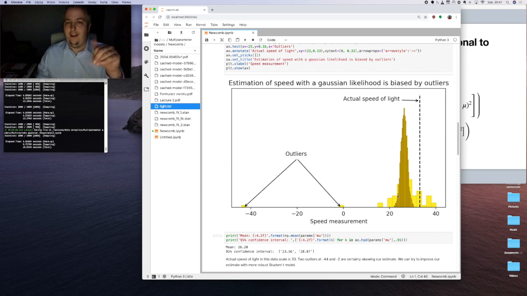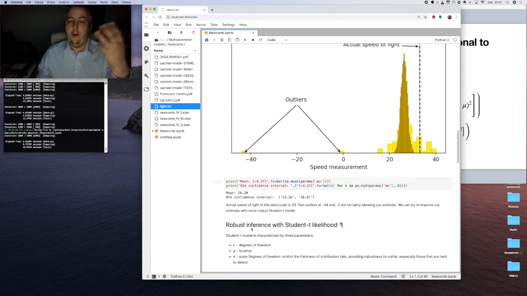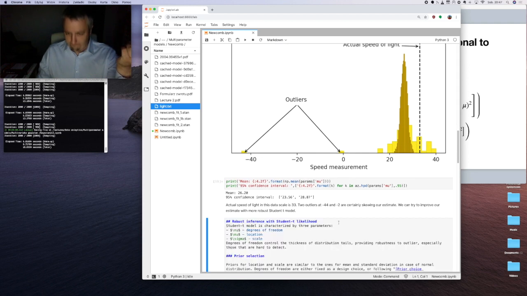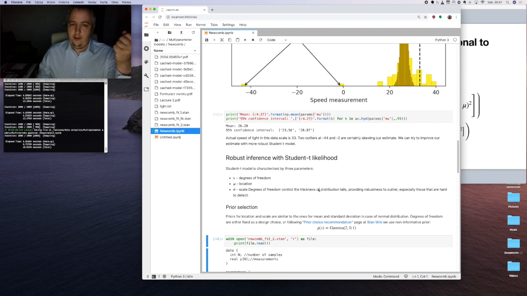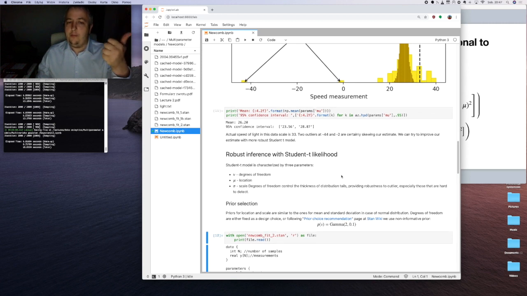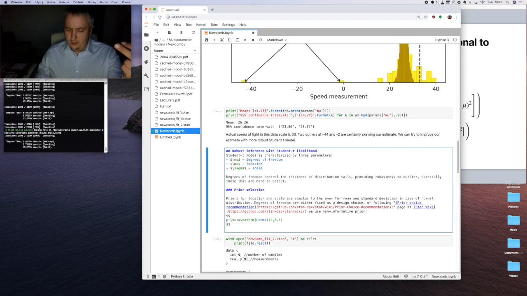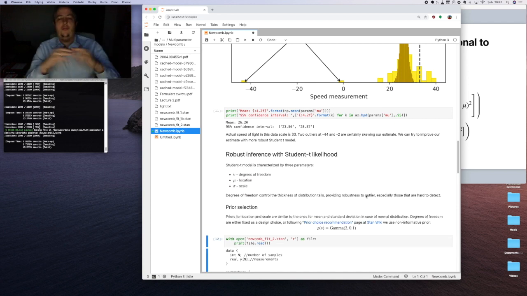What can we do in Stan with relative ease? We can start to do some robust inference with a Student t likelihood. So what actually is going on here? The Student t distribution is characterized by three parameters: degrees of freedom, location, and scale. Degrees of freedom control how thick the tails are, how heavy they are, how much probability is hidden in the tails.